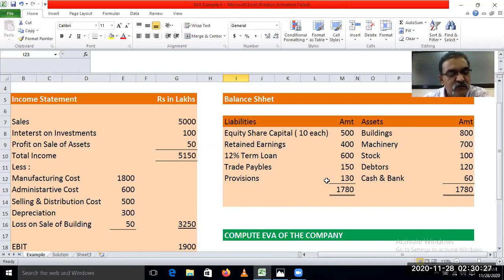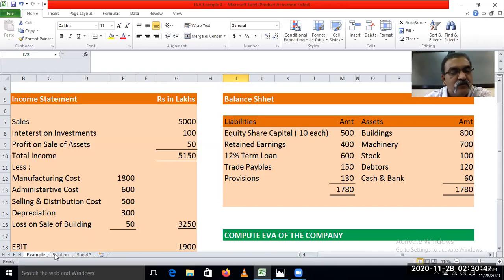First we'll have to calculate net operating profit after tax. You can check that various items of income are given: 3 items on the income side, and 5 items of cost. Whether all are to be considered or not, we have to discuss now.